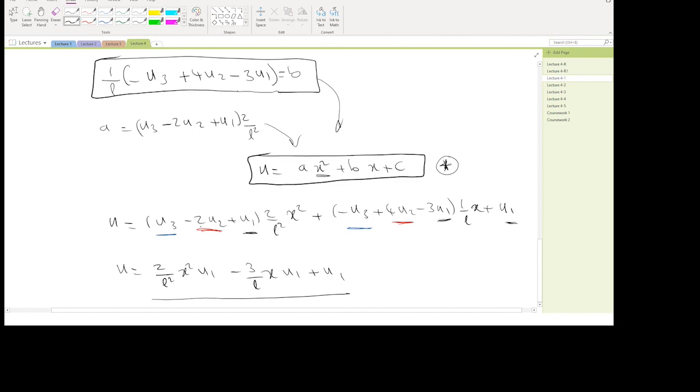So first of all, I have minus 2 and 2. So this is going to be minus 4 over L squared X squared U2. And then I have 4 U2 multiplied with 1 over L X. So it is plus 4 X over L U2. And this is going to be my second shape function.